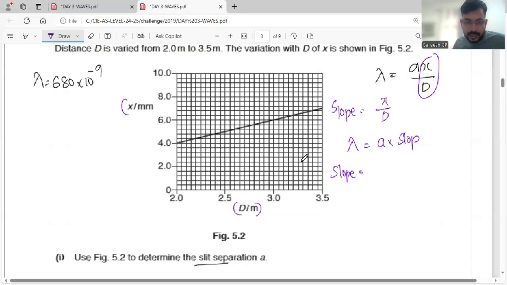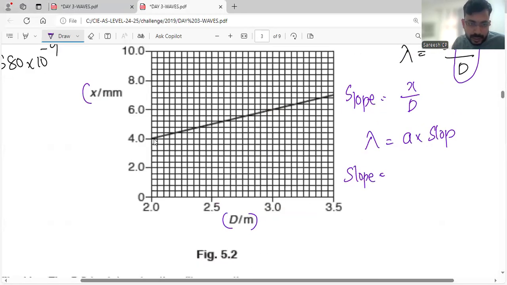For that, I take this point and I take this point. So this point is X value is 2, Y value is 4. This point is X value is 3 and Y value is 6.